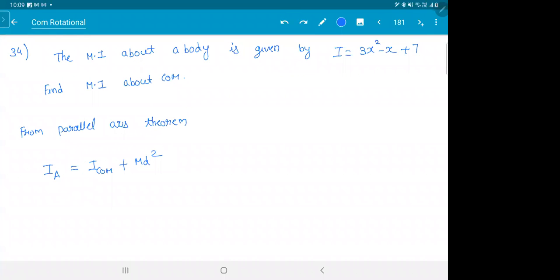So the moment of inertia about any axis is ICOM plus something more. This implies ICOM is minimum. Does that make sense?